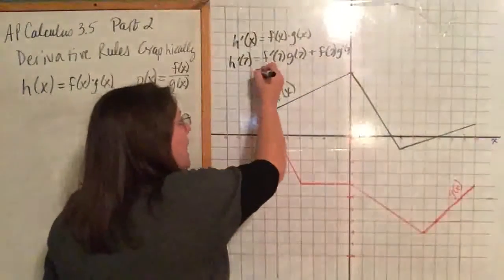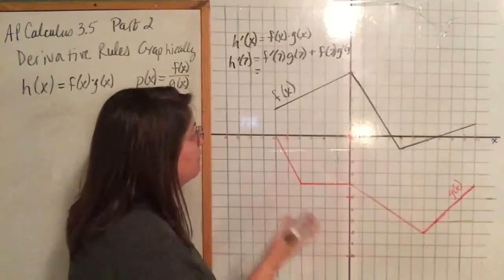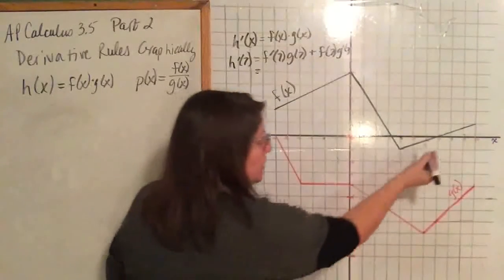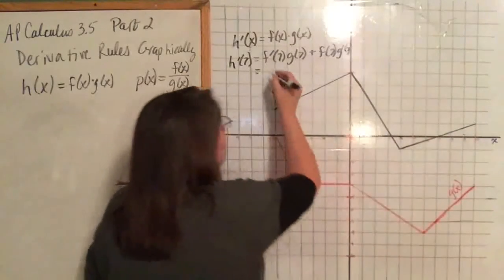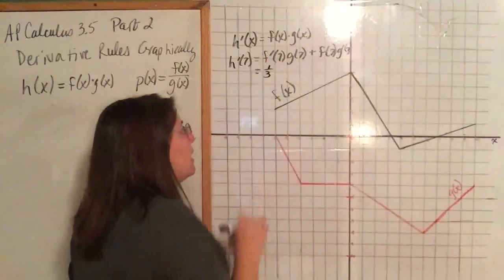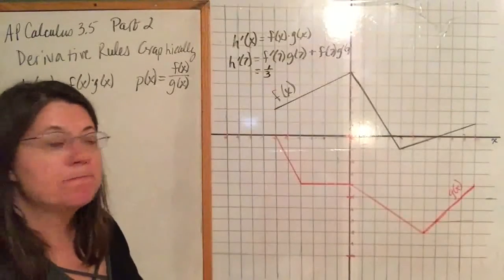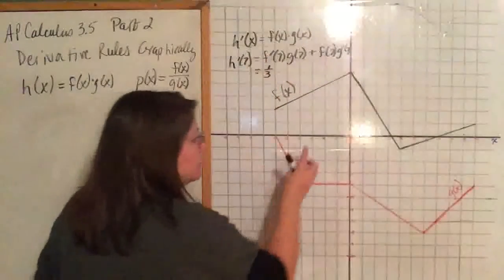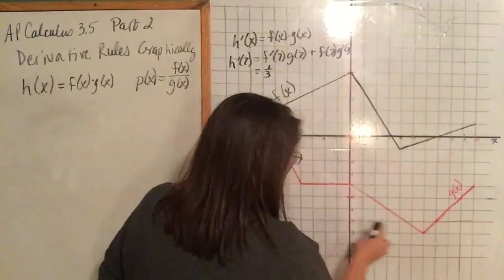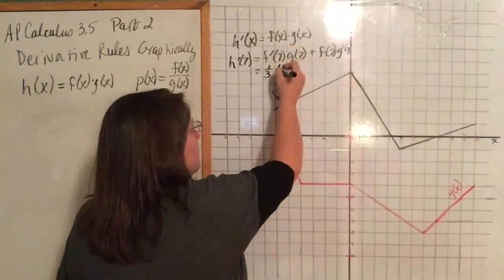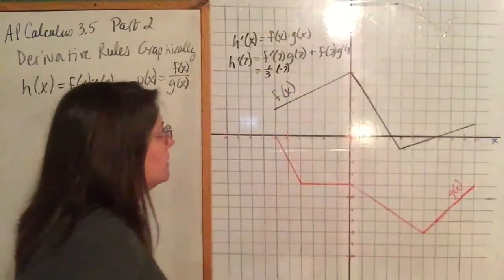F prime of 7 is the slope of the f function at 7. Here's 7. The slope of the f function at 7 is 1/3. So I'm going to replace f prime of 7 with 1/3. G of 7 is -7. So I'm going to replace g of 7 with -7.